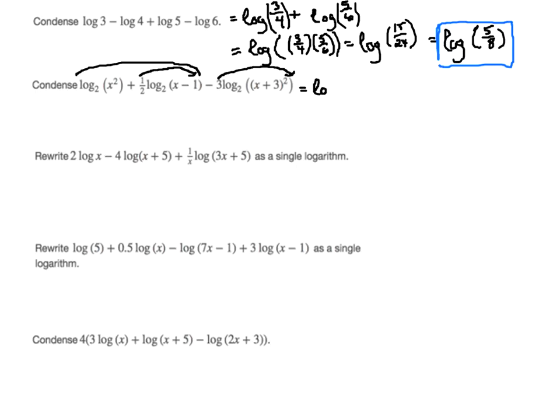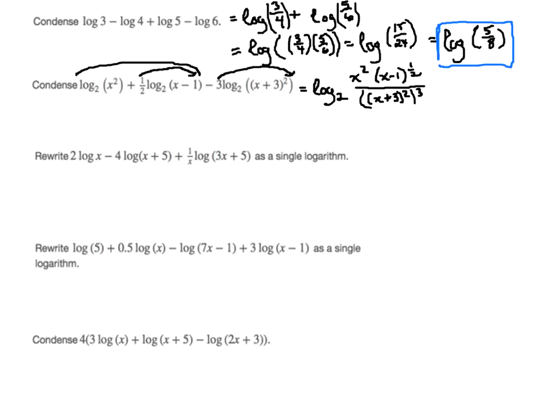So I have log base 2 of, in my numerator, I have an x squared, and I have an x minus 1 to the 1/2 power, and that is being divided by an x plus 3 squared, cubed.